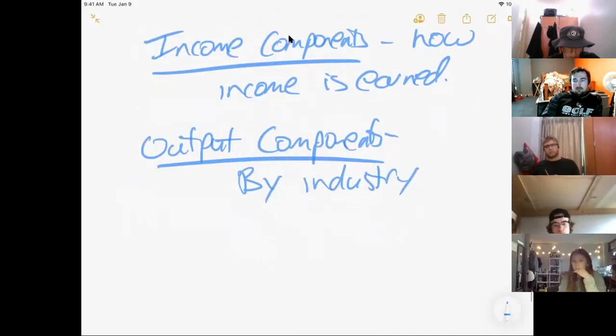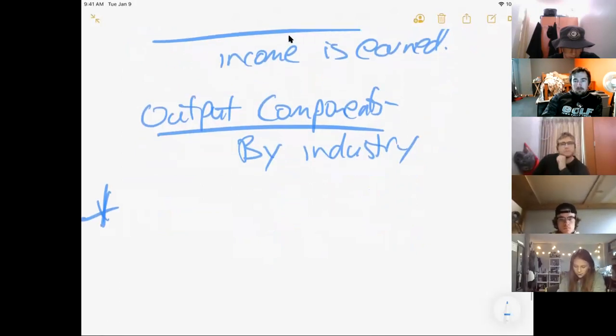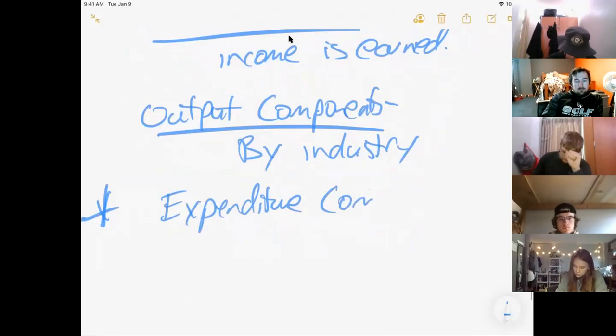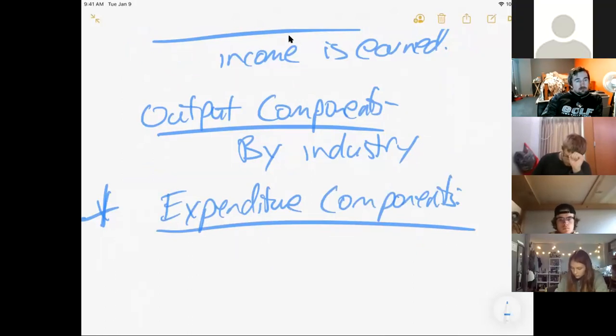The third way, and this is the way we're going to find most useful and talk about the most here, is to break it down into expenditure components. In other words, break it down by spending.